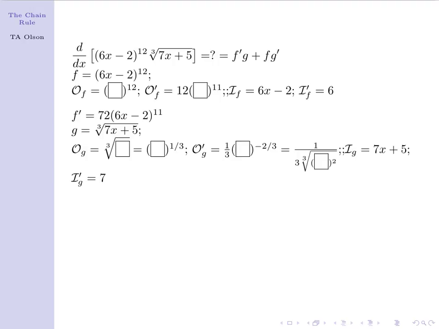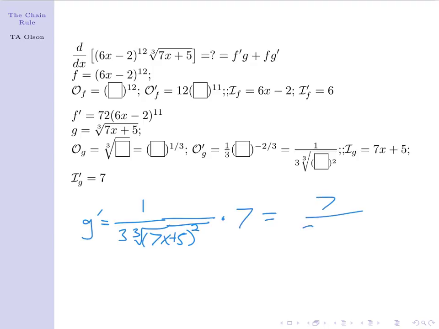Okay, so putting all these pieces together to get g prime, we get g prime is the outside of g, 1 over 3 times a cubed root of the inside, (7x plus 5) quantity squared, times the derivative of the inside, which is 7. And if I wanted to, I could write this as 7 over 3 times the cubed root of (7x plus 5) quantity squared.